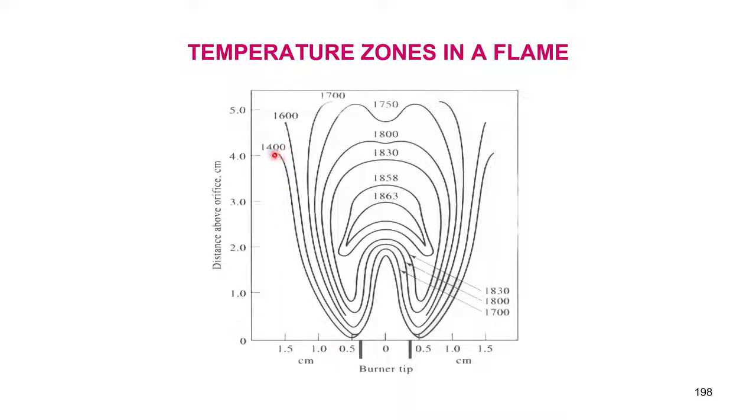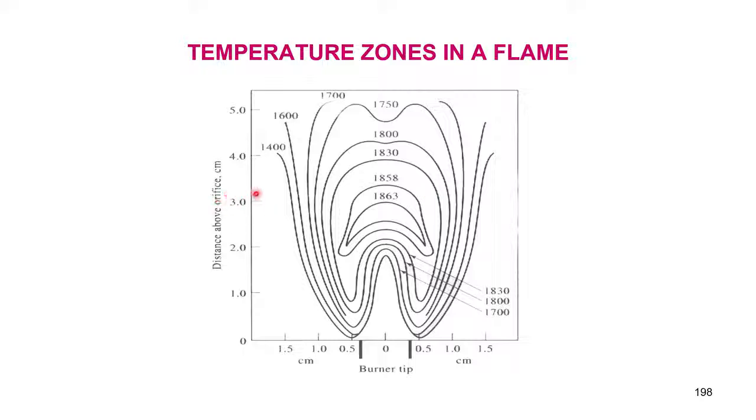You are ending up around 4 centimeter height, around 1400 degrees centigrade. So, which is the most optimum area through which the hollow cathode lamp radiation should pass? Should it be 1700 or 1800, 1830, 1863, 1858? It is a very simple question. It has to be maximum temperature, right.